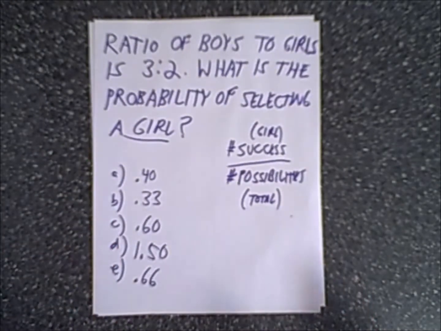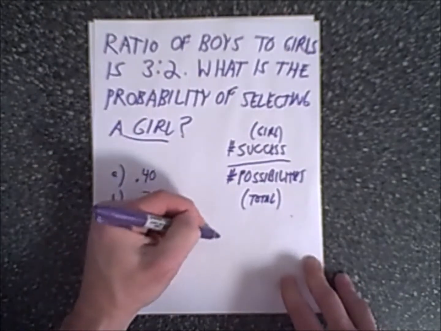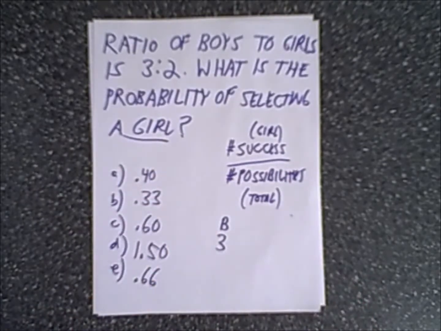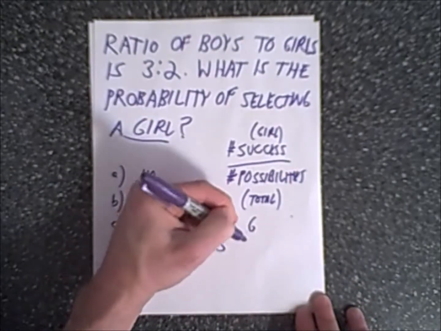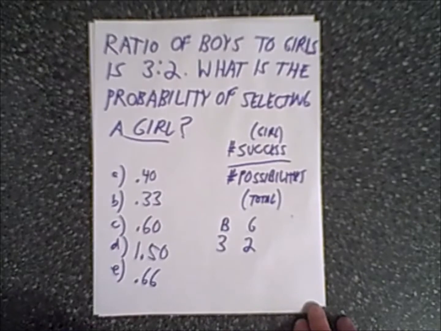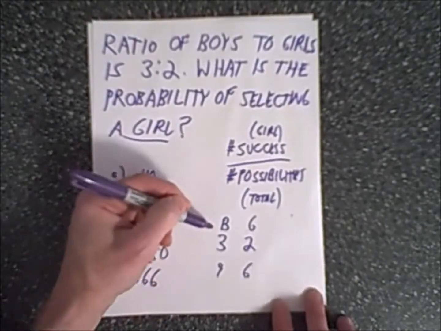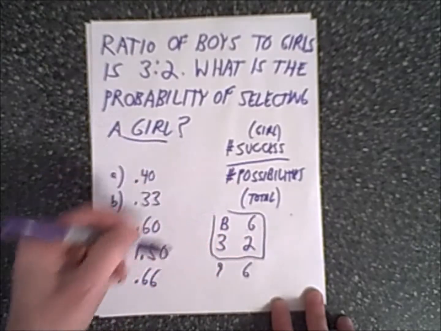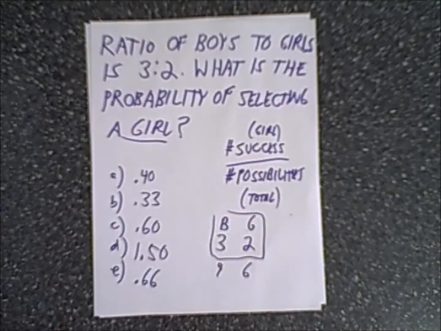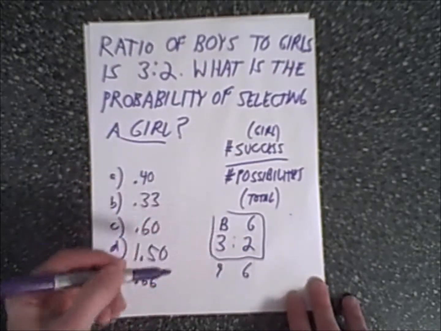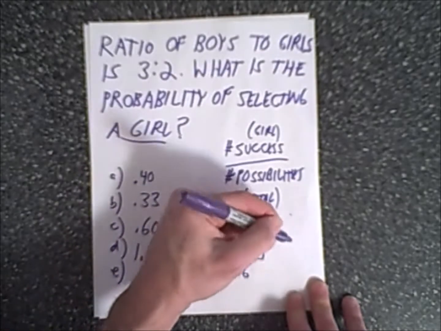So let's take a simple example. What if we had 3 boys? How many girls would we have? We would have 2 girls. If we had 9 boys, we would have 6 girls. But let's go back to the first example. We have 3 and 2. How many total do we have? Well, this is a 3:2 ratio, but we have 5 total.